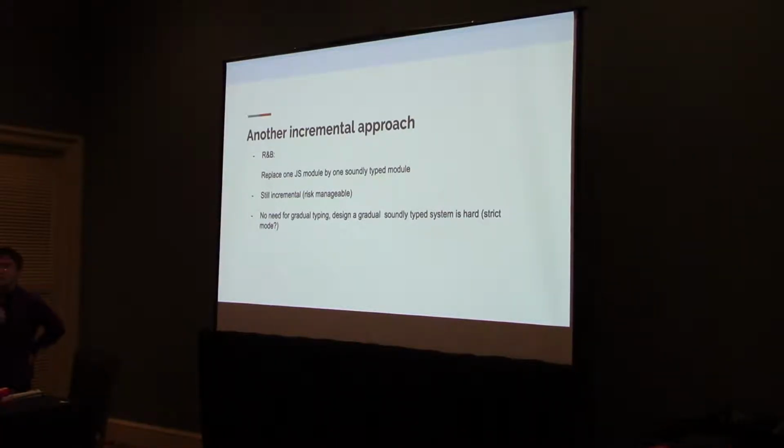In Flow, they are trying something called Flow strict, which is stricter than vanilla Flow, but it's still not sound. TypeScript is also adding strict flags, which do more checks, but still not as good as OCaml or Haskell's type system.